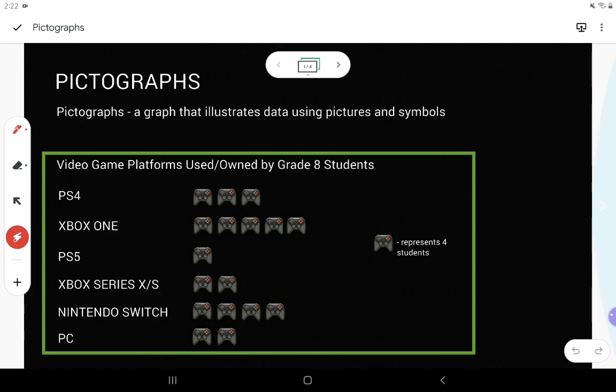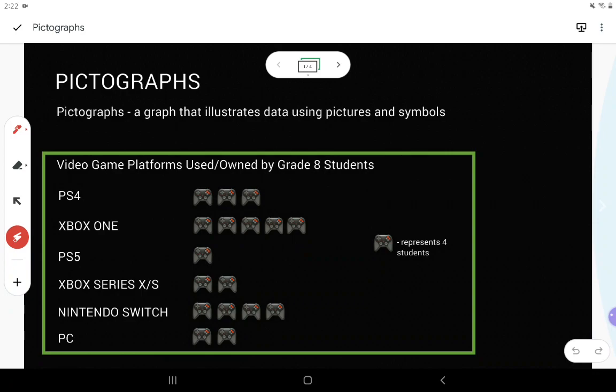So every time there's a controller, that's 4 students. So this controller represents 4, and this one represents 4, and this one represents 4. So in total, I have 4, 8, 12 students who had the PS4.